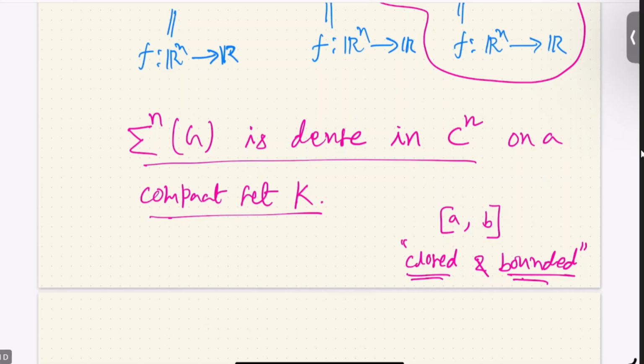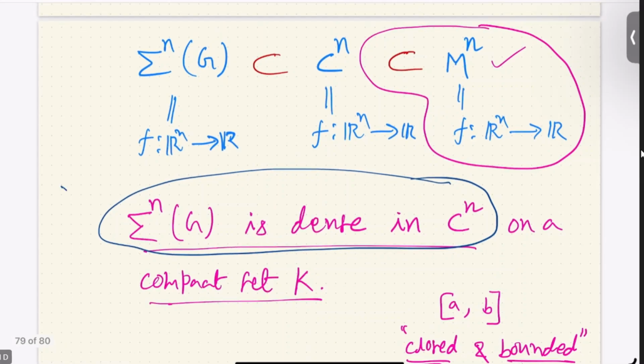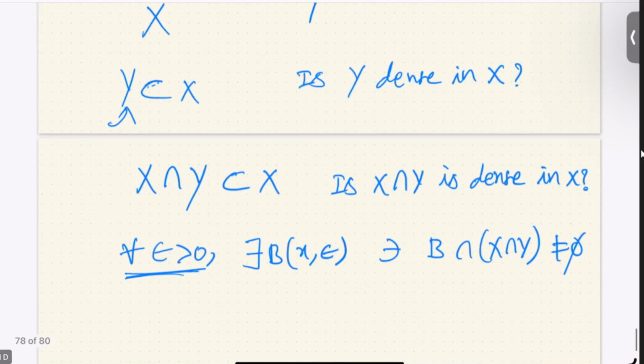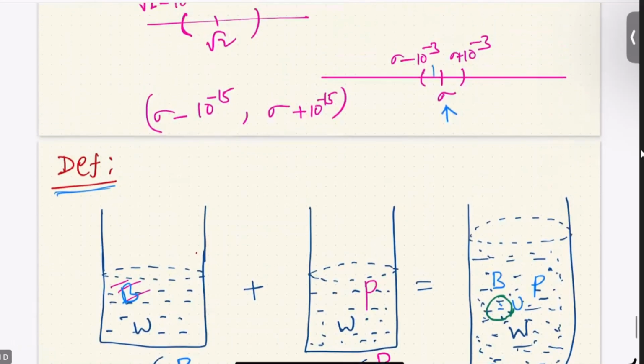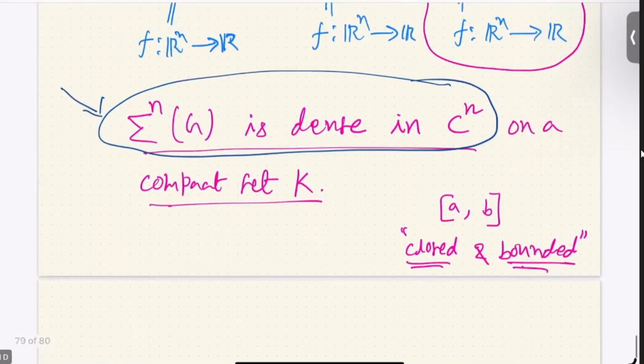So what does it mean? Now you recall whatever we have discussed so far, it is saying something very strongly here. Can you guess from these discussions, the Weierstrass and all those things, what is being said very strongly here?